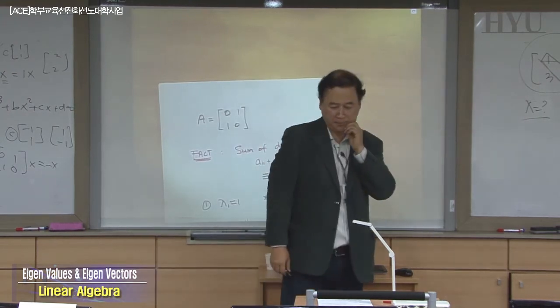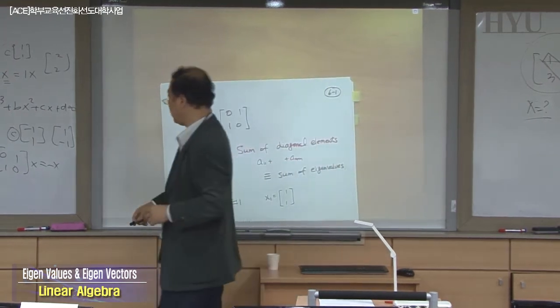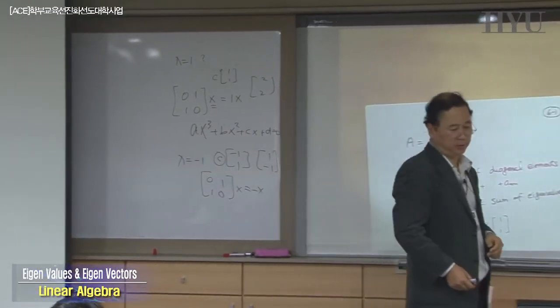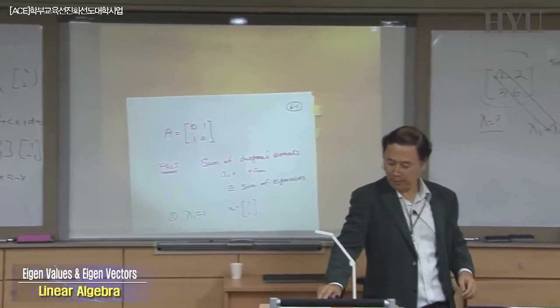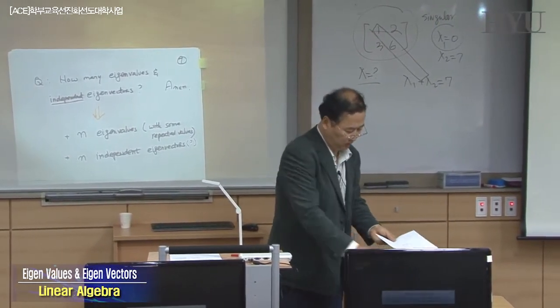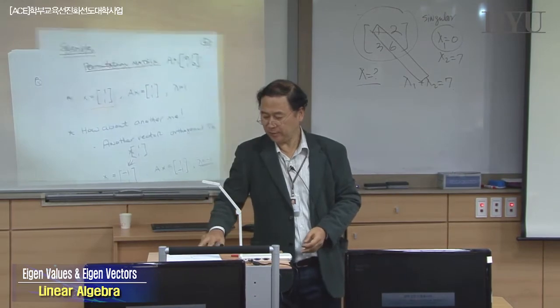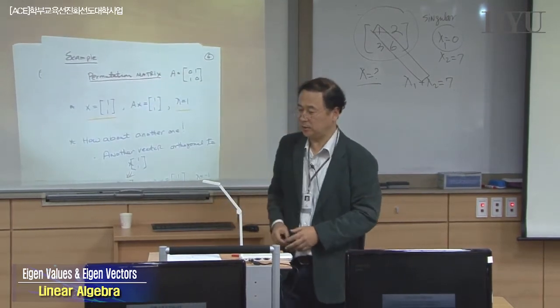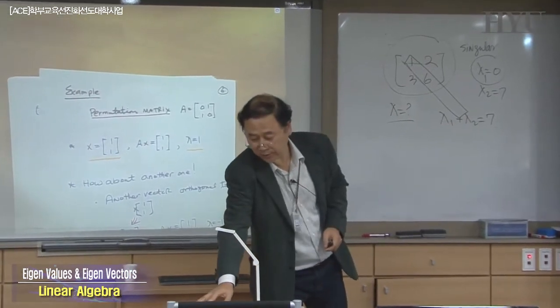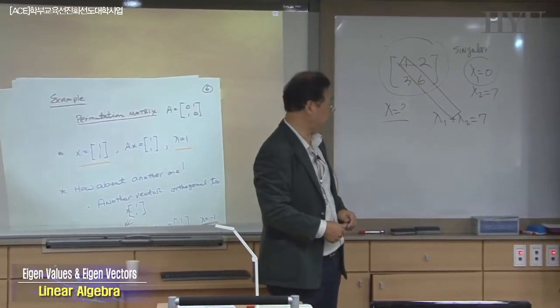Okay. So another property here is, let's move on to the previous matrix. From the previous example, this is the case of this permutation matrix. We computed two eigenvectors.